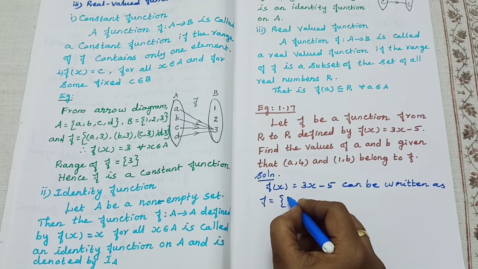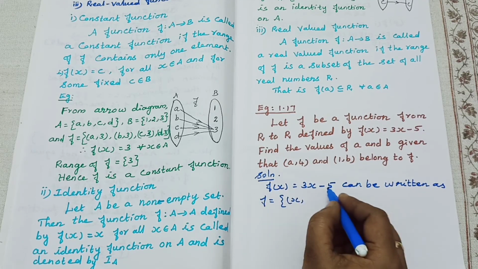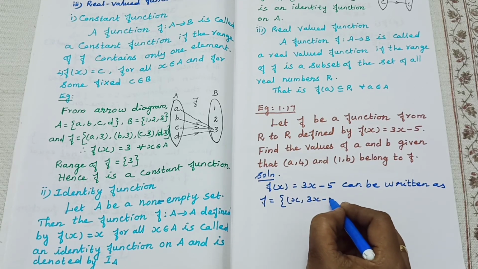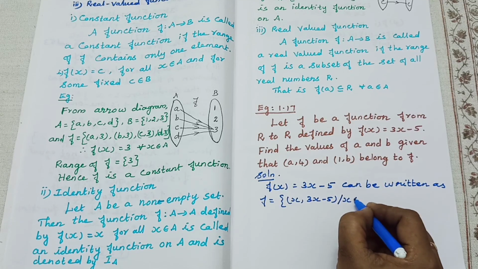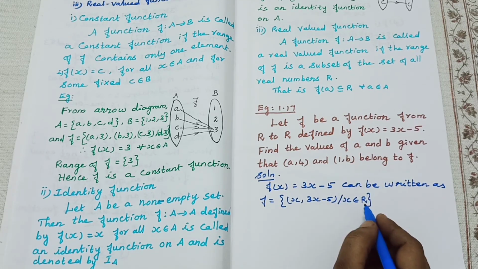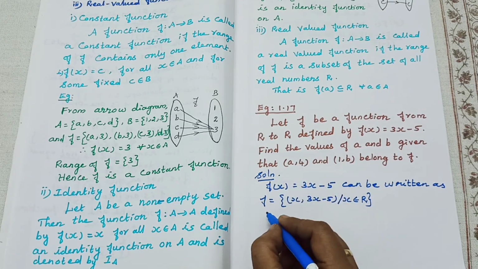Then here what is given? (a, 4), isn't it? Then (a, 4) means the image of a is 4.